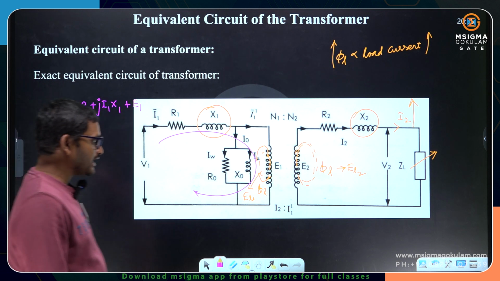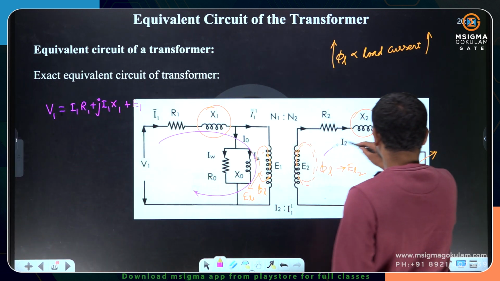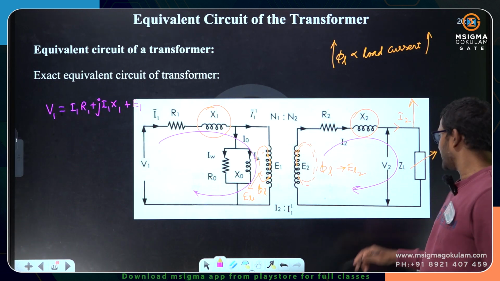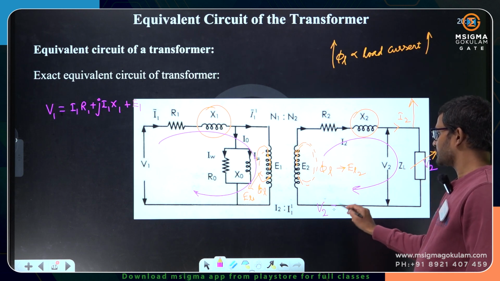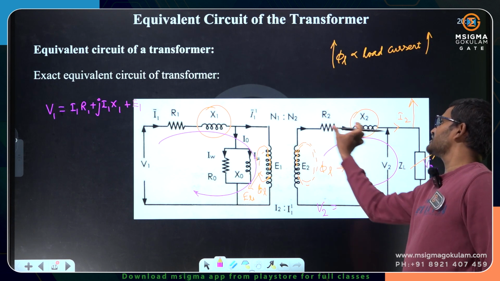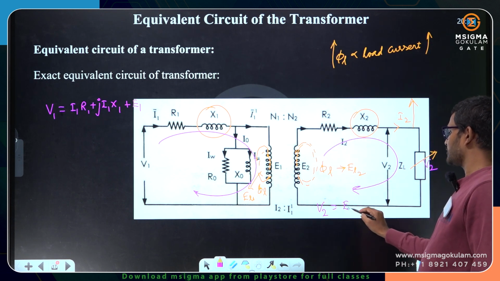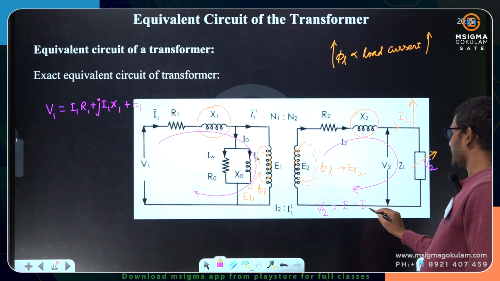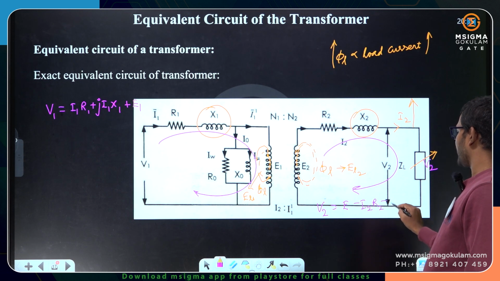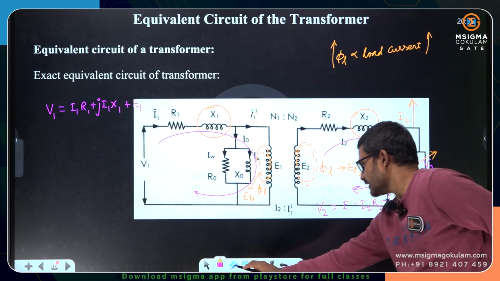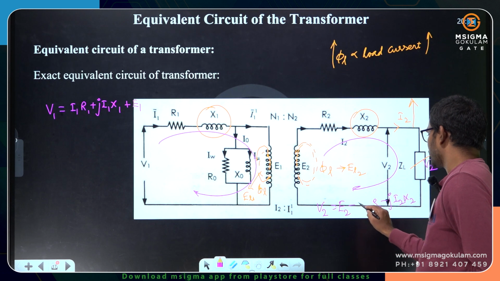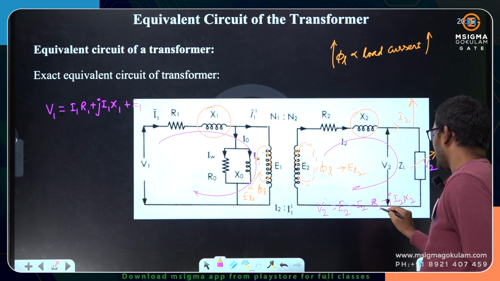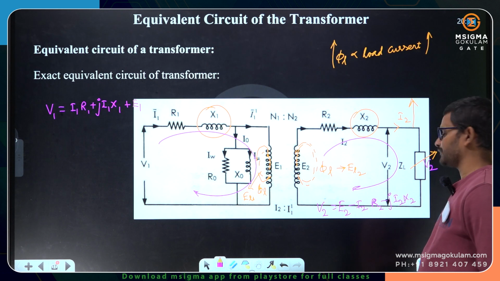Similarly for the secondary induced EMF. Here the terminal voltage V2 is equal to the EMF minus the resistance drop and leakage reactance drop. So V2 is E2 minus I2 into R2 minus J I2 into X2.